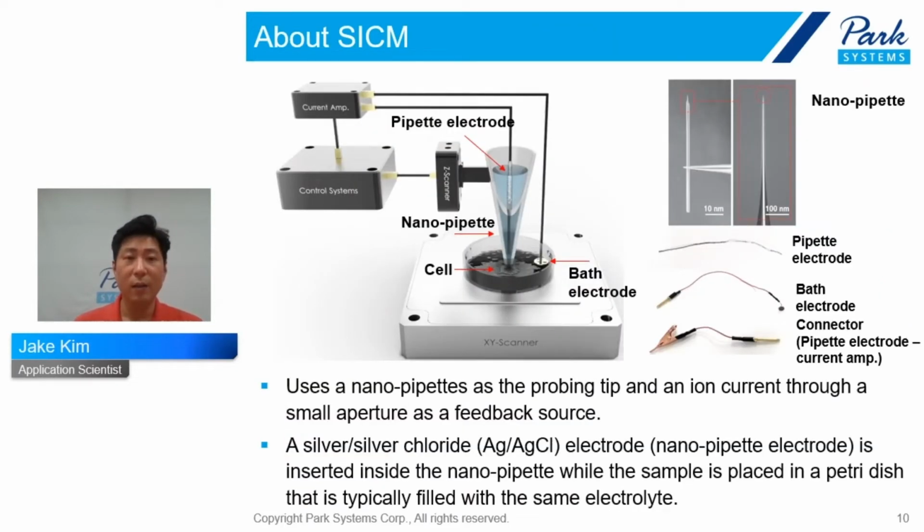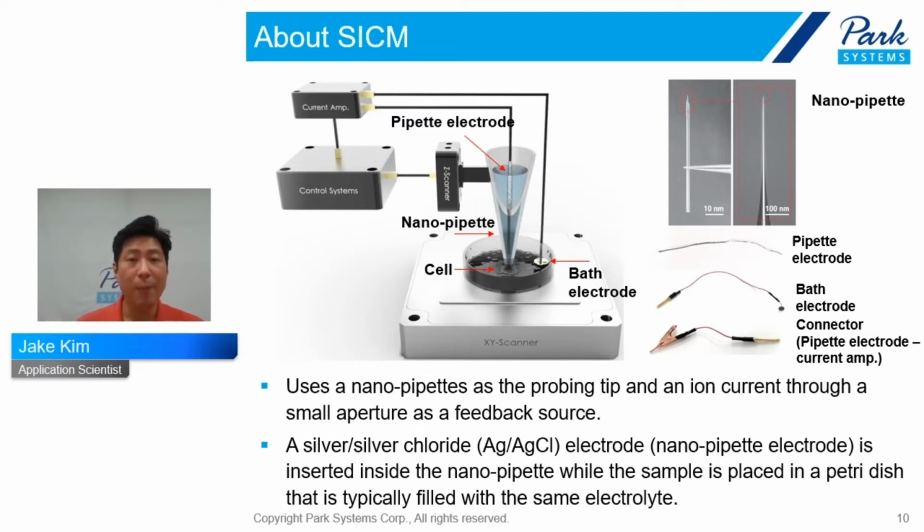Okay, then from this slide, let's see why SICM is a good technique for biological samples and what factors enable distortion-free imaging of cell samples. SICM uses a glass nanopipette as a sensitive probe based on an electrode inside.